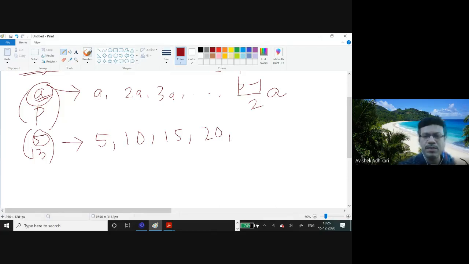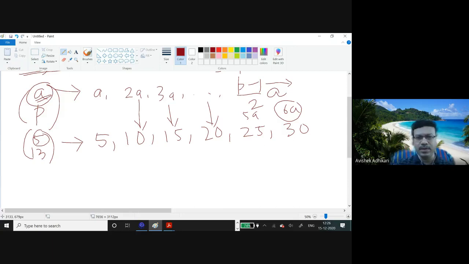P minus 1 by 2 is 6, so we also have 25 and 30. So this is A, 2A, 3A, 4A, 5A, and then 6A, because here (P minus 1)/2 is 6.